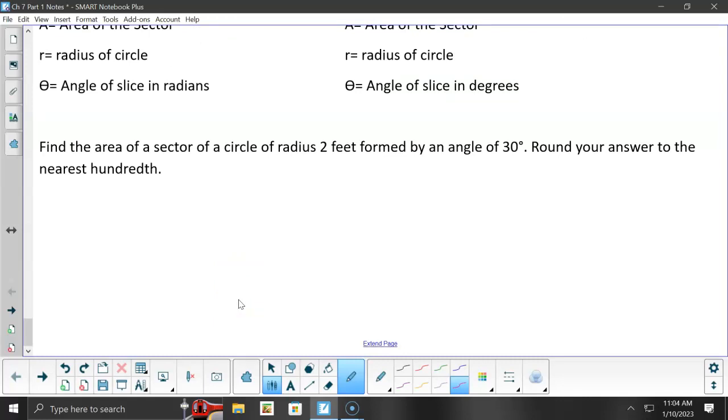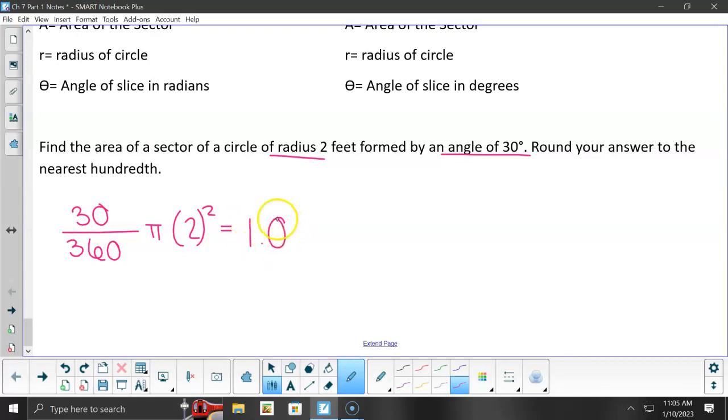I know it's got 30 degrees, and I know it's a radius of 2. So 30 out of 360, and then it's pi times 2 squared. I get 1.0472 feet squared.